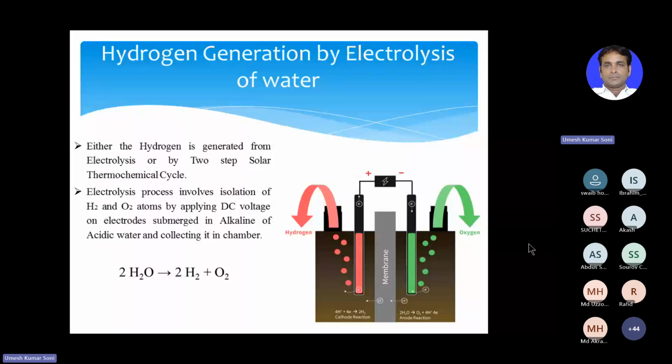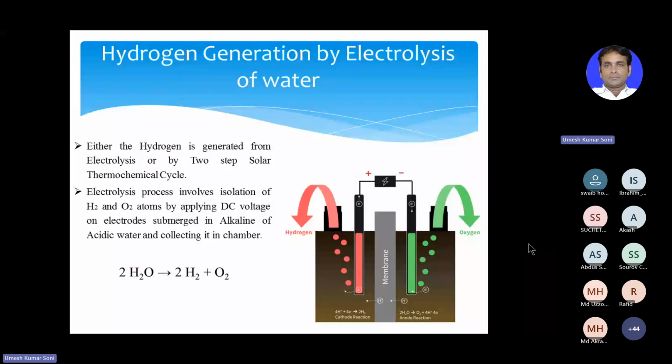Basically, the most initial technology is generating hydrogen from the electrolysis of water or by the two-step solar thermochemical cycle. In the electrolysis process, we have the decomposition of water to hydrogen and oxygen.